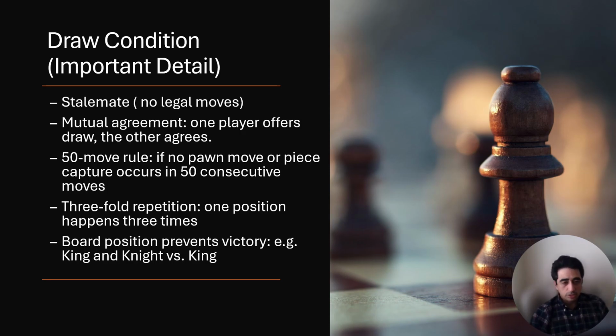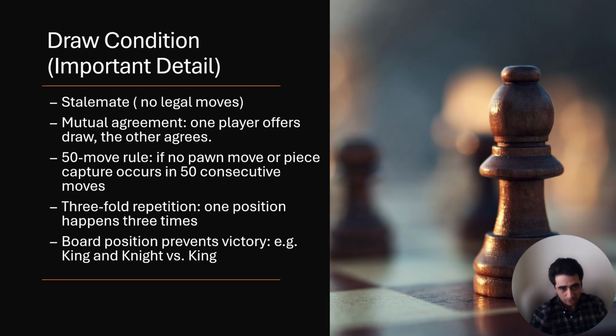The other condition is the 50 move rule, which basically says if two players make 50 moves without moving a pawn or without capturing a piece, then we have an automatically drawn game because we don't make any progress in the game of chess if we don't move the pawns or if the pieces aren't captured.